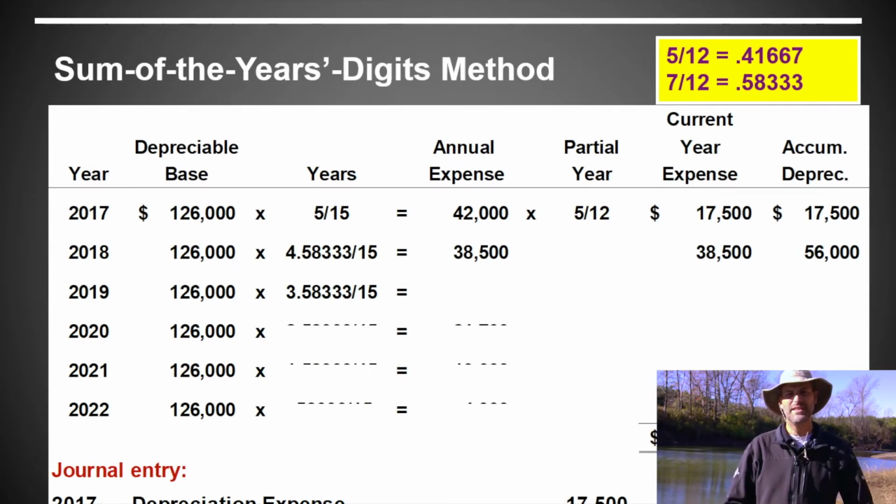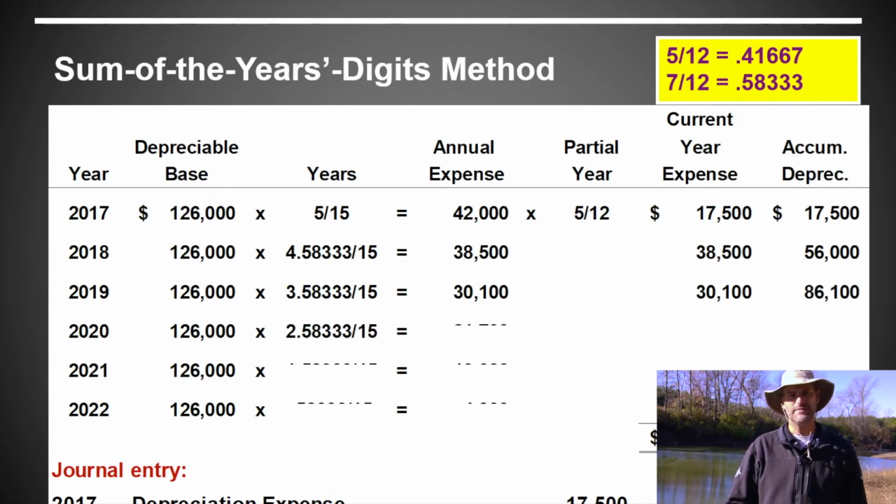So we multiply that times our depreciable base, which is $30,100, and it's a full year, so that's what we're going to use. Then we move on to our next year, which is 2.58333 times the depreciable base, which gives us $21,700.